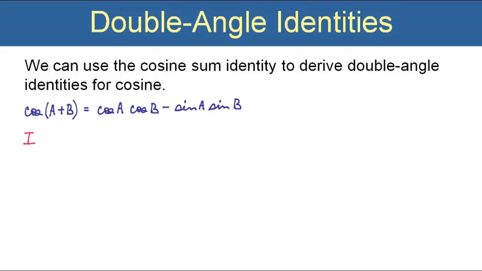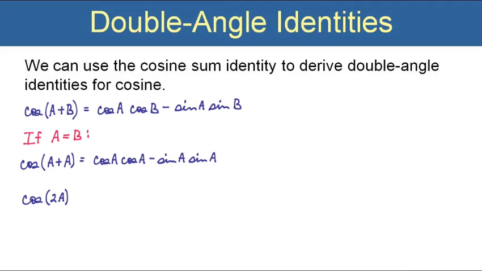So let's go through and replace every B with an A. And now we have cosine of A plus A, which could be written as 2A. And then we have cosine times cosine, which is cosine squared, and sine times sine, which is sine squared. So we get a new identity for cosine of 2a.